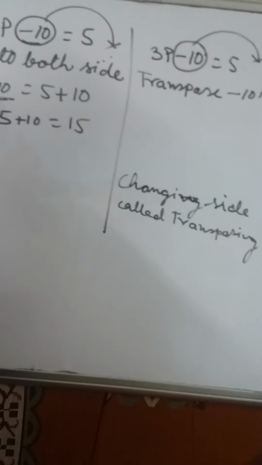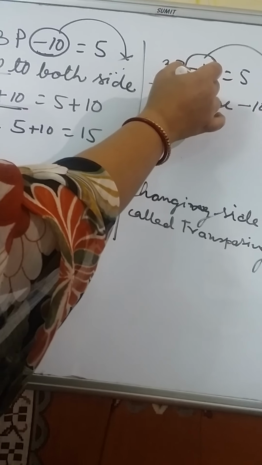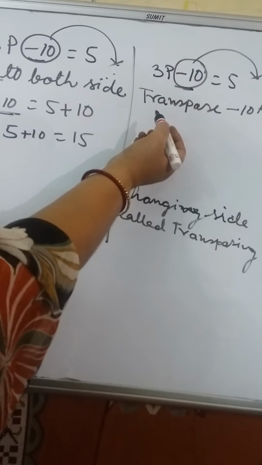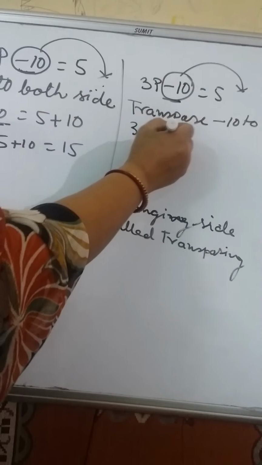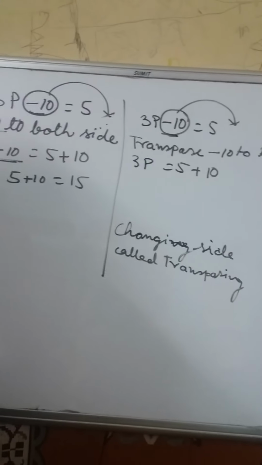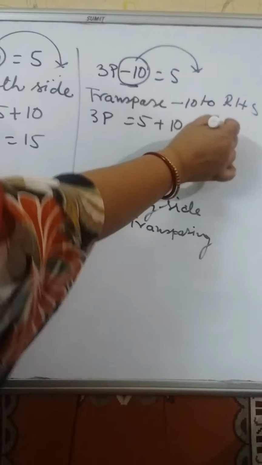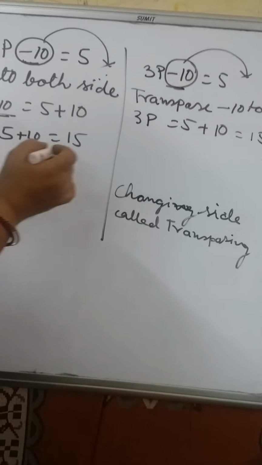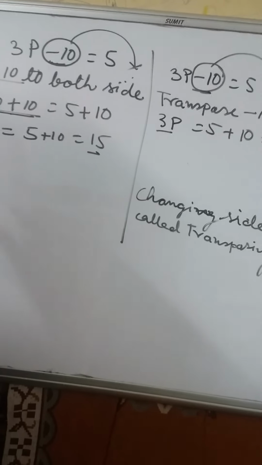Now, when I am transposing this minus 10 to the right hand side, it will become plus 10. So it will be 15. So here 3p equals 15 and 3p equals 15. That means I have reached the same point.